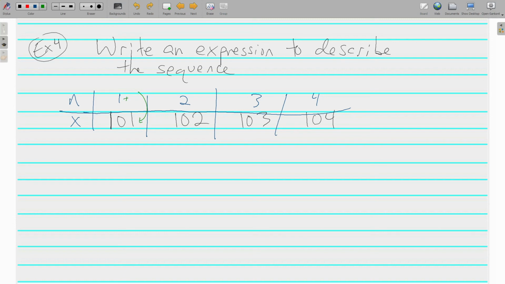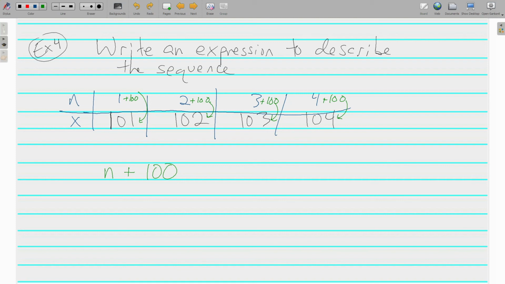You can add 100. 2 plus 100 is 102. 3 plus 100 is 103. 4 plus 100 is 104. So our n is having 100 added to it each time. That's the expression that describes the sequence.